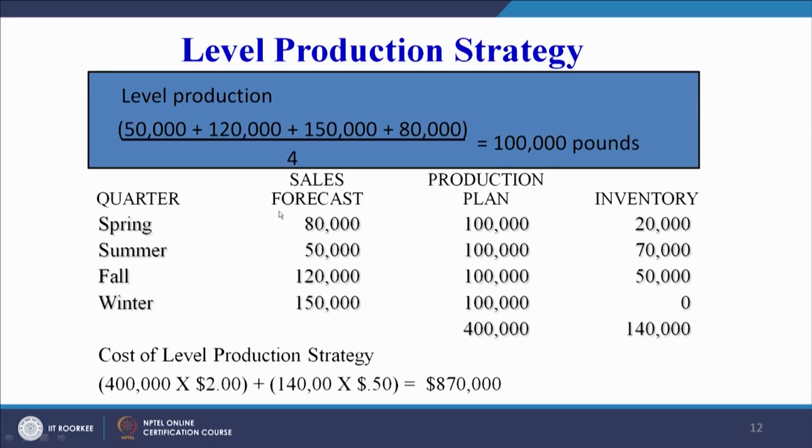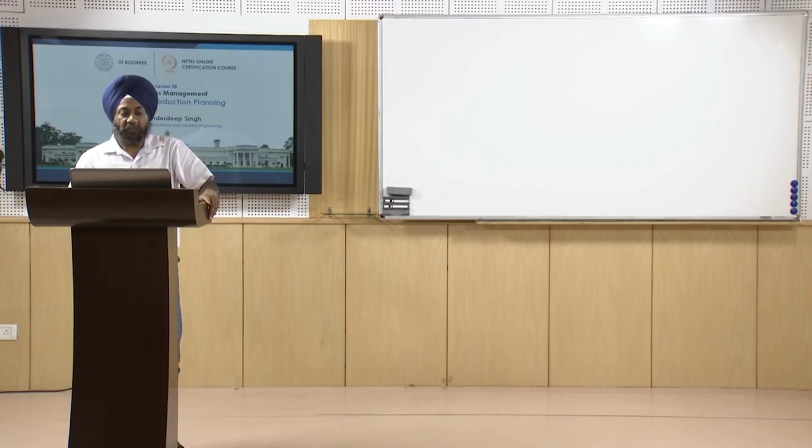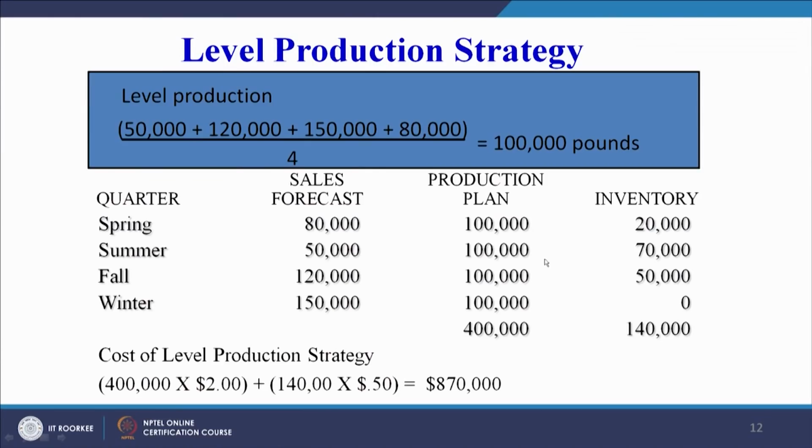How are we calculating? We have spring, summer, fall and winter, 4 quarters of demand data. We add these and divide by 4, so we must produce 1 lakh pounds per quarter. For spring the sales forecast is 80,000 pounds, but our production plan says 1 lakh, because we are leveling our production on a quarterly basis. For every quarter we will produce 1 lakh pounds of product only. So 1 lakh, 1 lakh, 1 lakh, 1 lakh, that is 4 lakh pounds, the overall yearly demand for the next year.